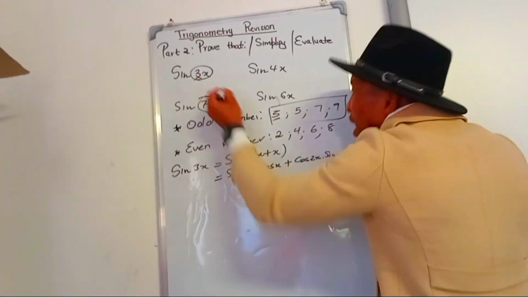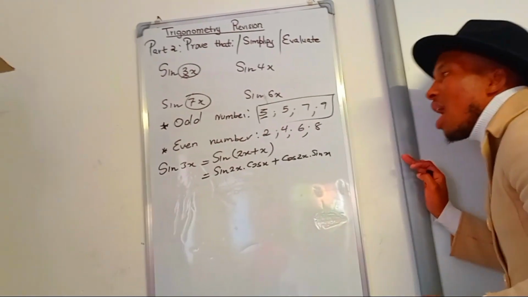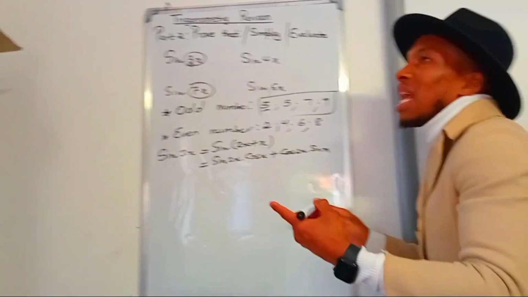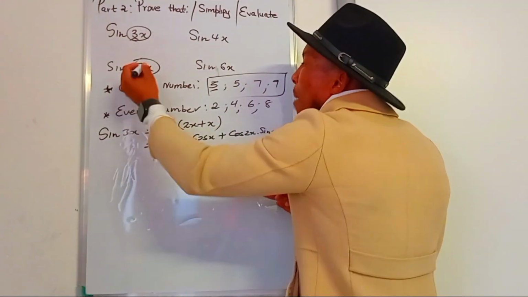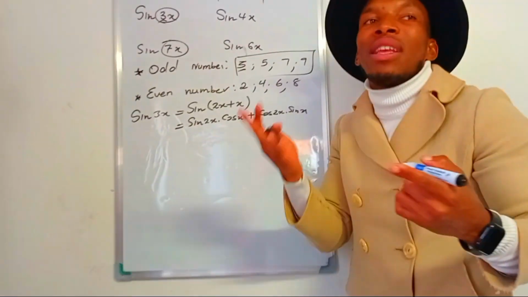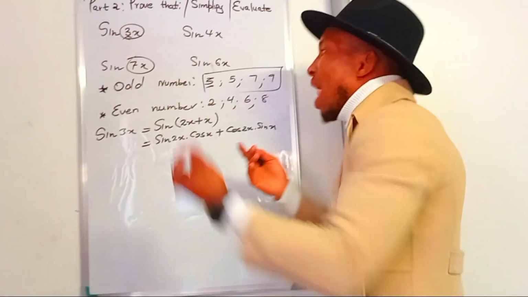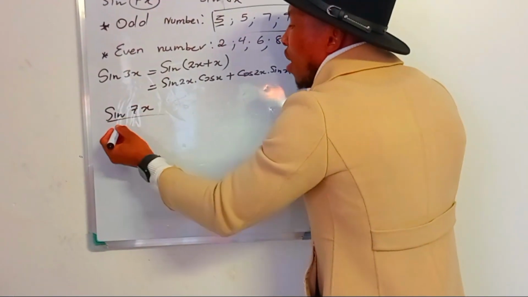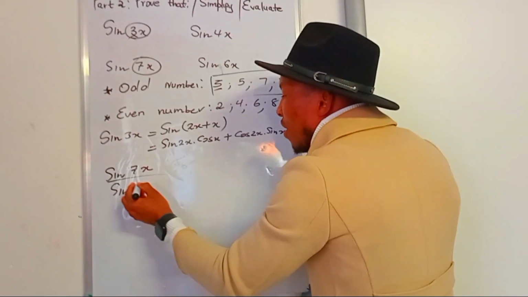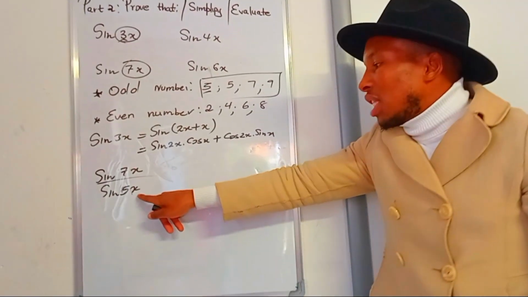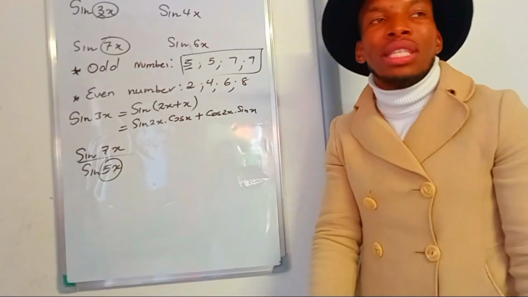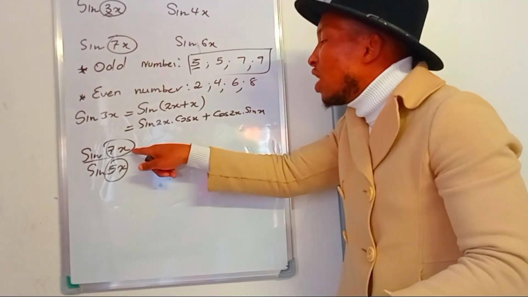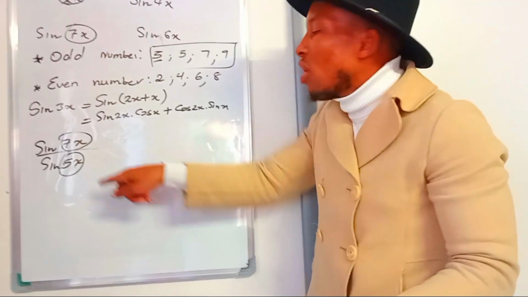And also here, do you see this one? It is an odd number. Sometimes they ask you to prove or solve where we have an angle like 5x, for example, like this one here. If we have sine 5x on the denominator, do you see that on the denominator we still have an odd number? What you're going to do is try by all means to get the same angles on the denominator.